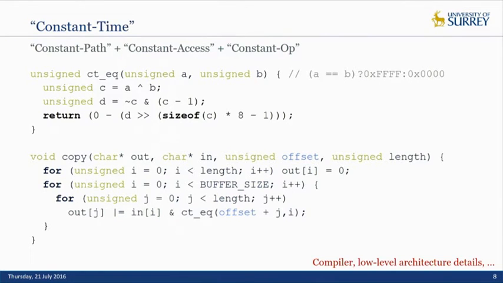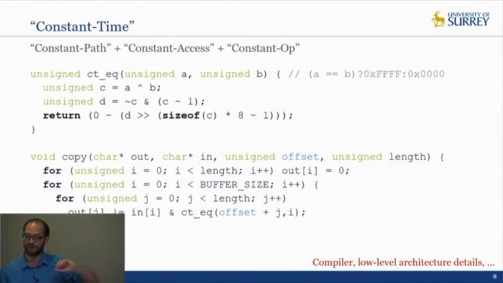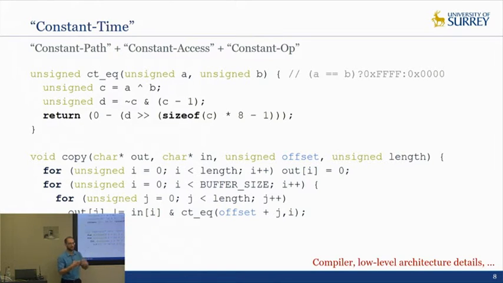And so finally, constant time implementation, where you're ensuring constant path, so no branching on secrets, and constant access, which is no memory accesses at addresses that depend on secret. And then we're also adding constant op in there, which is, whenever you have an operation whose timing would be input dependent as well, you can also try to put that into your model.